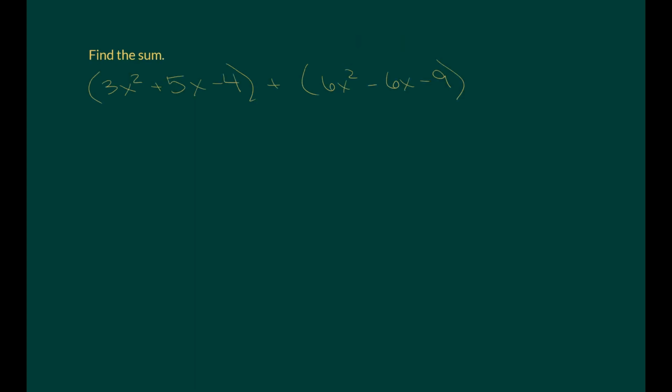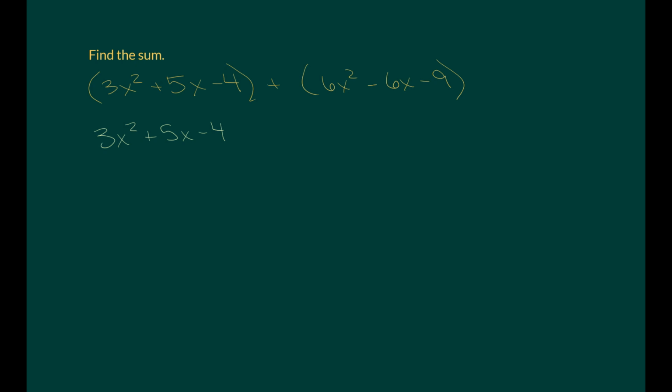When you're adding polynomials, you just combine like terms, that's it. So in this problem, we've got 3x squared plus 5x minus 4. Now the parentheses would matter if it was a subtraction problem, but if it's an addition problem, they really don't matter that much.